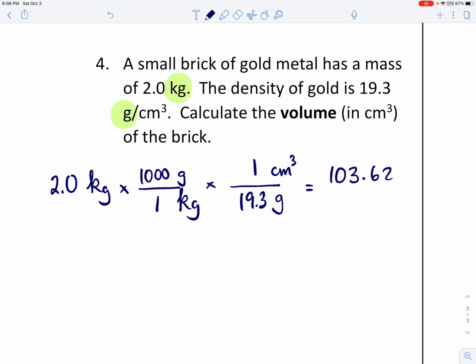The calculator says 103.6269, etc., but we can only keep 2 digits in the answer. So there's only one way to write that number using 2 significant digits. We'll have to switch it to scientific notation. So we'll call it 1.0, there's my 2 digits, times 10 to the power of 2 cubic centimeters. There's the volume of that gold brick.